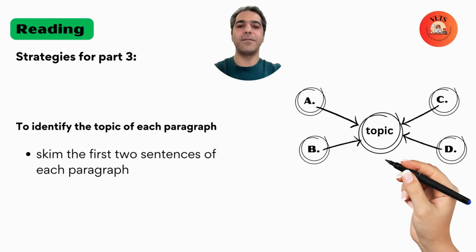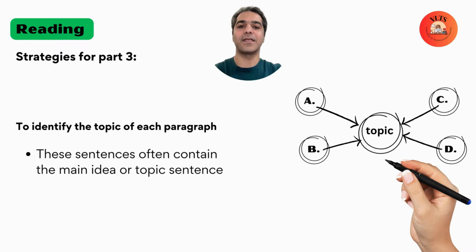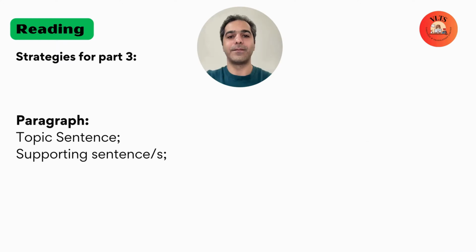To identify the topic of each paragraph, it's helpful to skim through the first two sentences of each paragraph. These sentences contain the main idea or topic sentence, which is the central point the paragraph is discussing. By focusing on these sentences, you can quickly grasp the main topic of each paragraph.